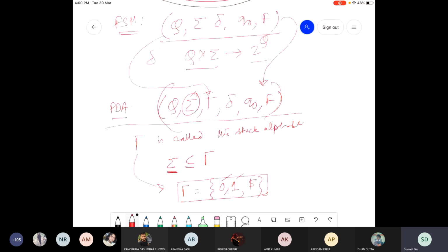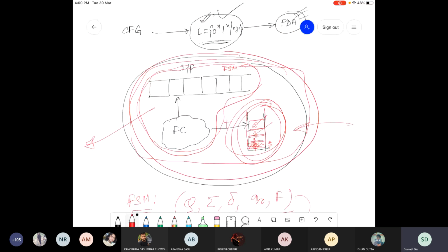The idea was, if your input head is here, you look at the input and you look at the top of the stack, and then you decide what to do.